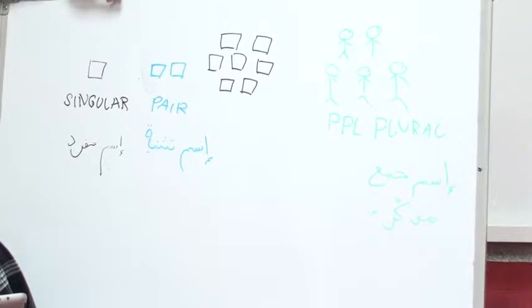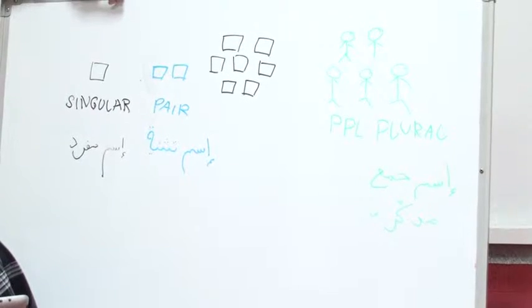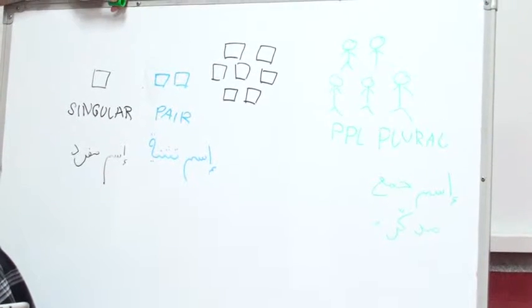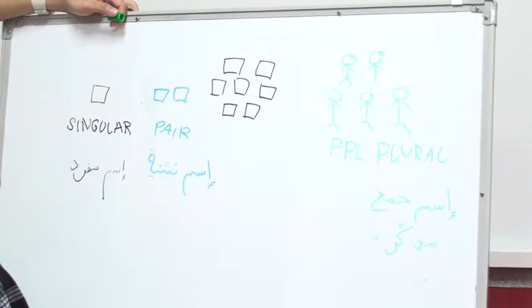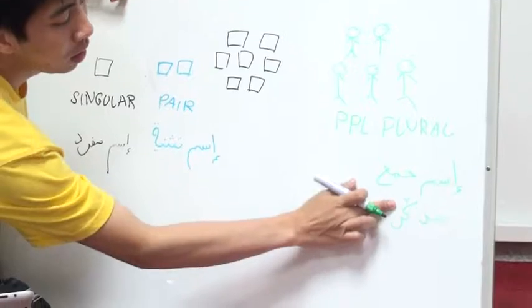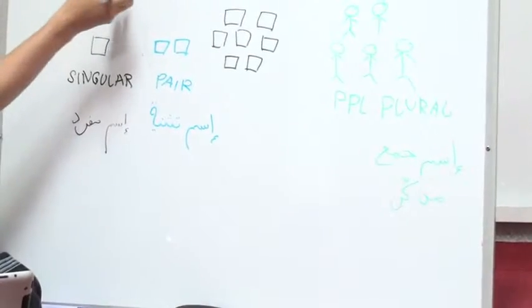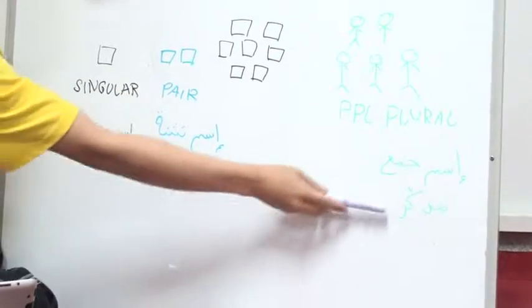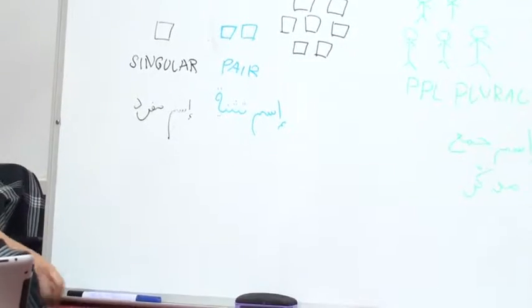Muannas mudzakkar. Or let's say just jama' mudzakkar. When I was a child, my teacher told me the name is mudzakkar salim, ism jama' mudzakkar salim.